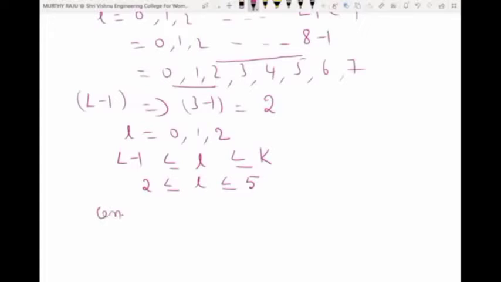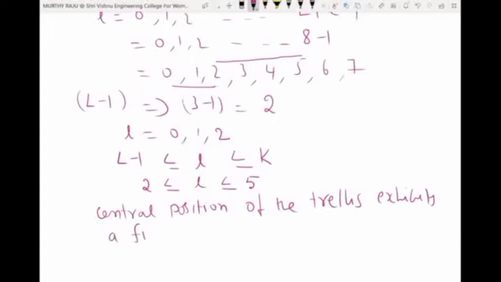This central portion of the trellis exhibits a fixed periodic structure.